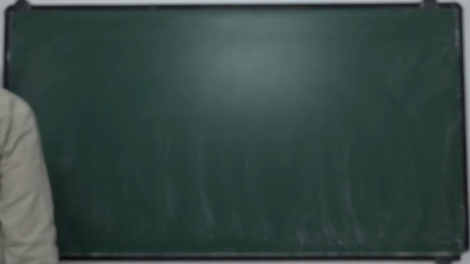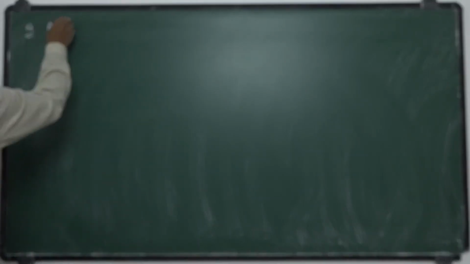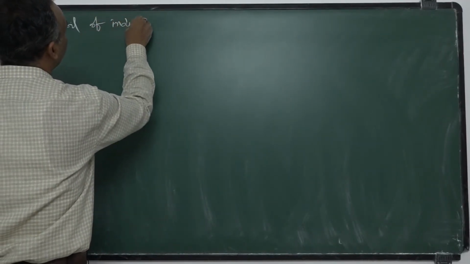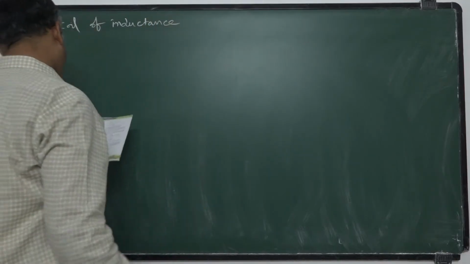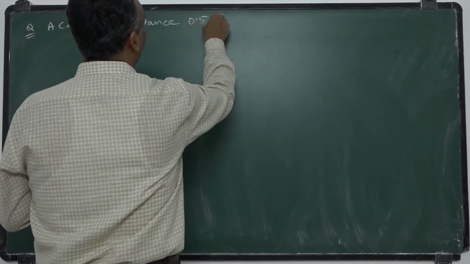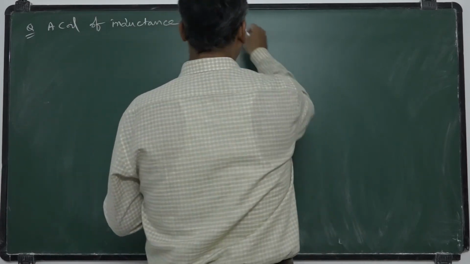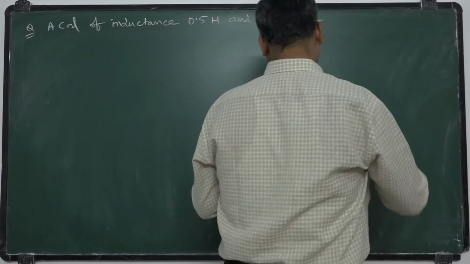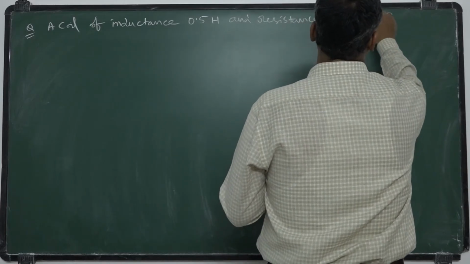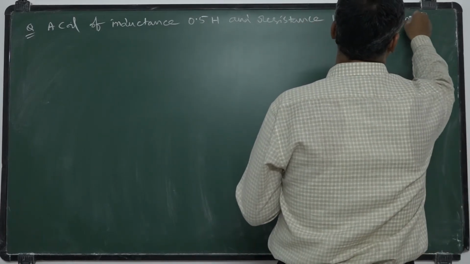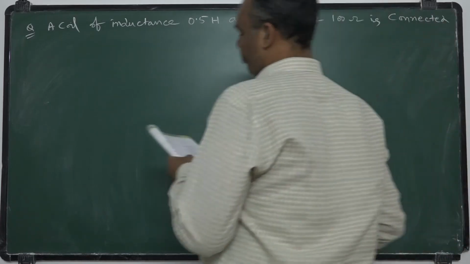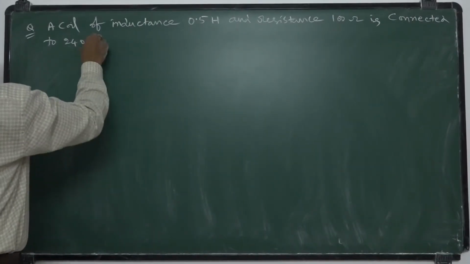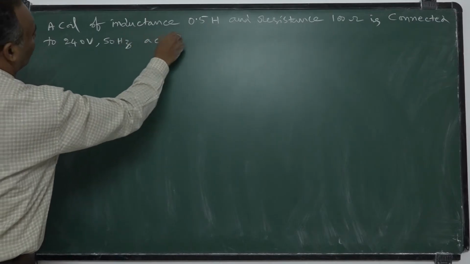Let me discuss one more problem. A coil of inductance 0.5 Henry and resistance 100 ohm is connected to 240 volts, 50 Hz AC supply.